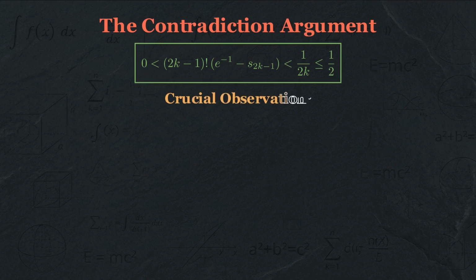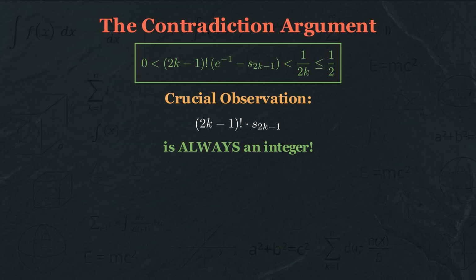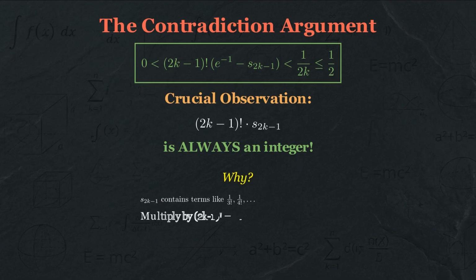Now, here's the crucial observation. The term 2k minus 1 factorial times s sub 2k minus 1 is always an integer. Why? Because s sub 2k minus 1 is a sum of terms like 1 over 3 factorial, 1 over 4 factorial, and so on. When you multiply by 2k minus 1 factorial, all the denominators cancel out.